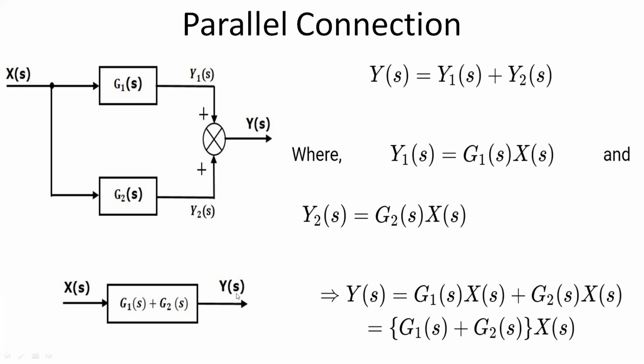So the result Y(s) will be G1(s) plus G2(s) into X(s). That is the sum of the transfer functions: if you connect these blocks in parallel, the total transfer function is nothing but the sum of the individual blocks' transfer functions.